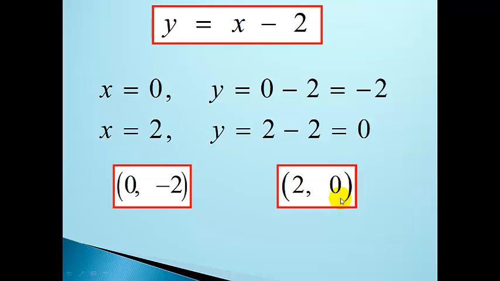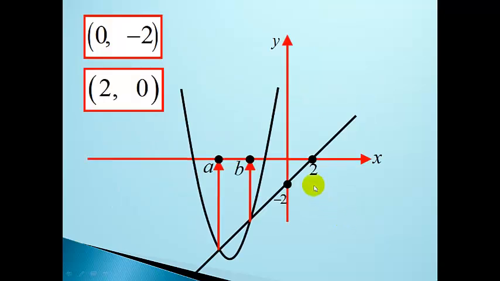So these are the 2 points we have. Now on the graph, we have 0, minus 2, and we have 2, 0. So we draw a line passing through the 2 points, and that's the straight line we are talking about. Now, where the straight line touches the curve, you trace them to the x-axis. That will give you the values a and b.